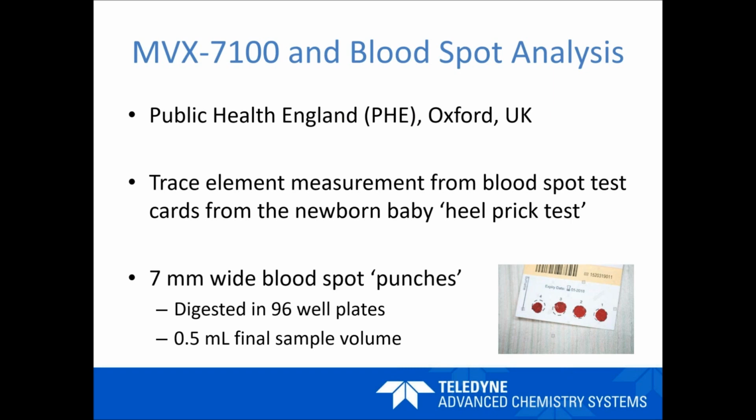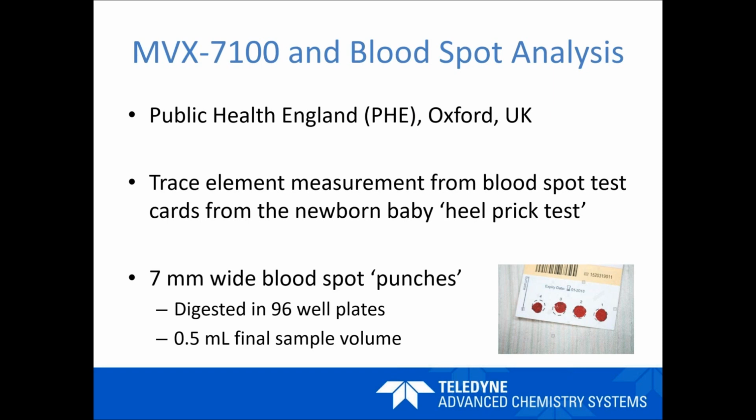This customer at Public Health England has been looking at these test cards because there is excess sample on them. There's more sample in those spots than there needs to be for the original intention. So he's been using these cards as a means of establishing trace element concentrations of these bloods after the fact.